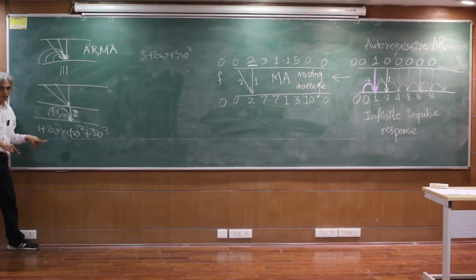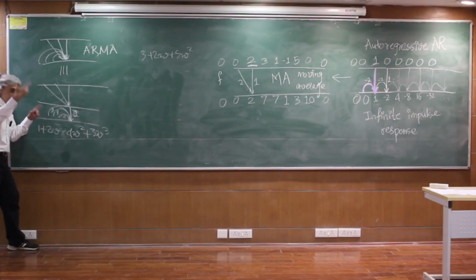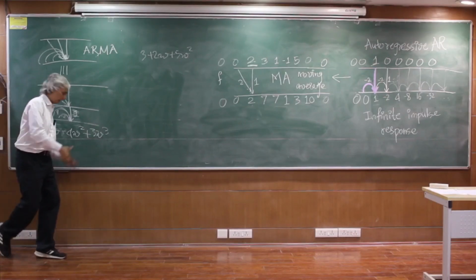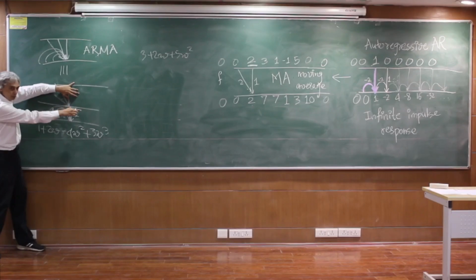So if we take the Taylor series of the reciprocal of this polynomial, then you will get the infinite impulse response of this thing. It will keep on ringing. If you gave this an impulse input, it will have an infinite impulse response.